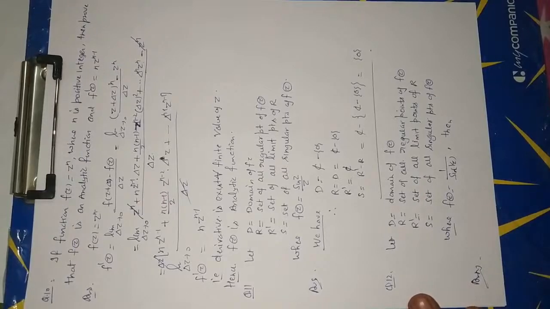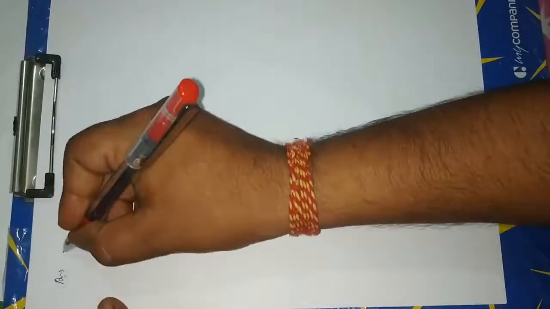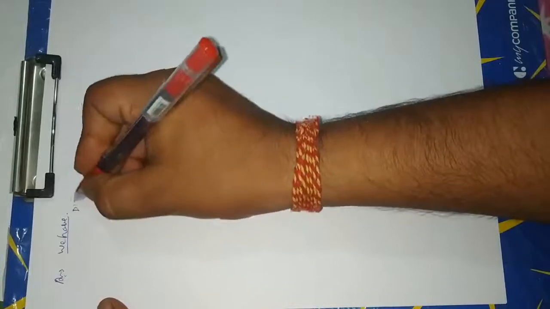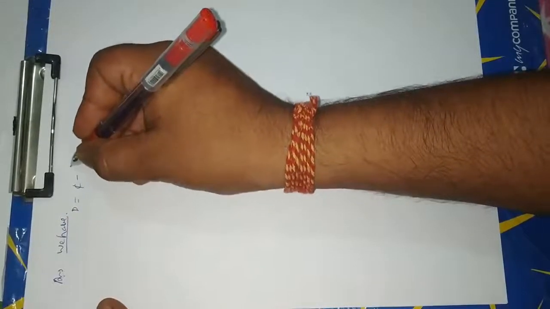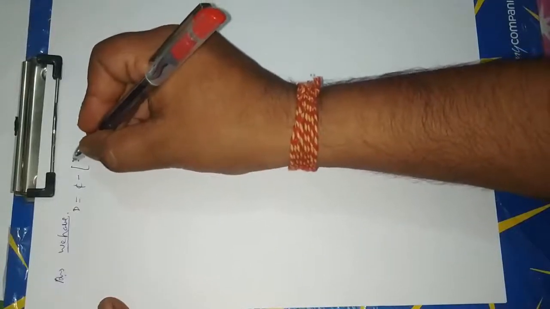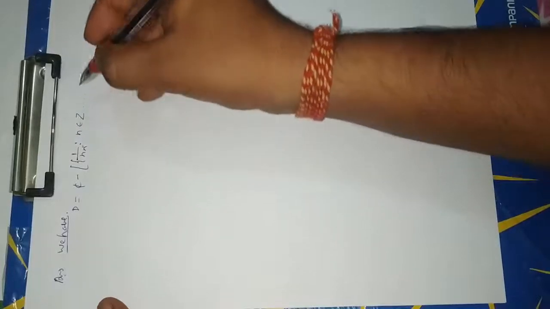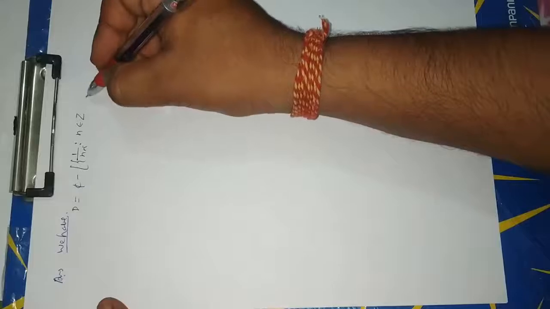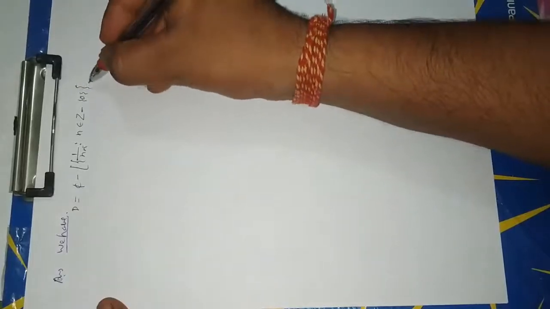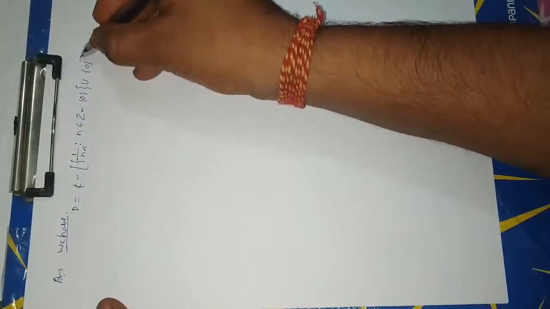Okay, student. We have D equal to C minus {1 upon n pi such that small n belongs to Z, the set of integers, n not equal to 0} union {0}.